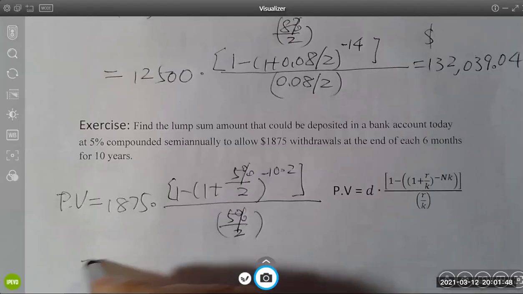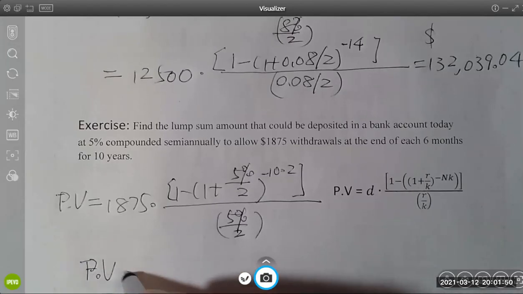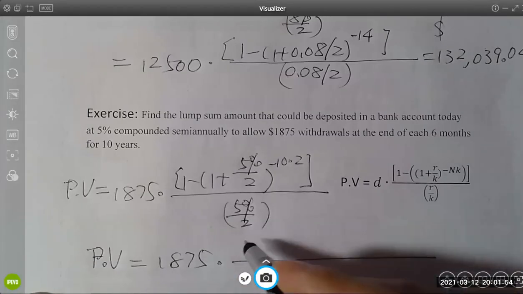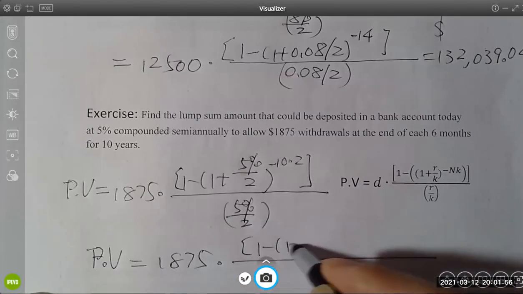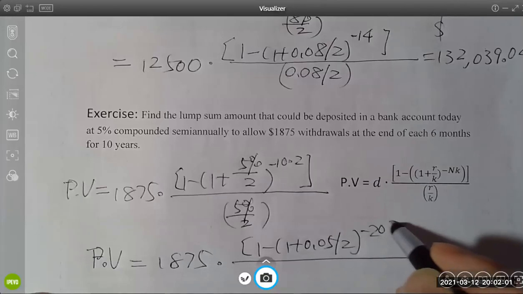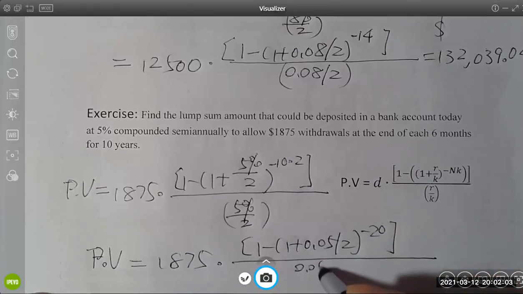Let me rewrite that. Present value equals 1875 times 1 minus (1 plus 0.05 over 2) to the negative 20, over 0.05 over 2. Let's do the calculation.